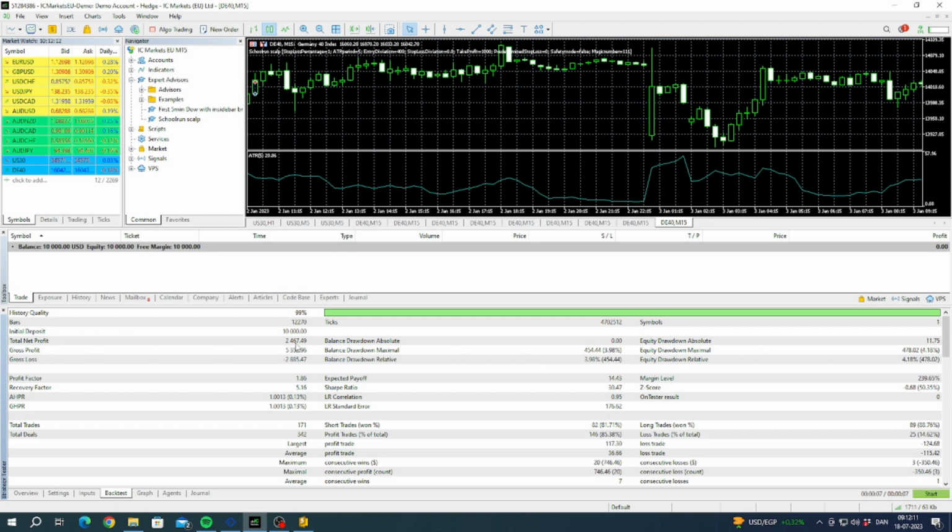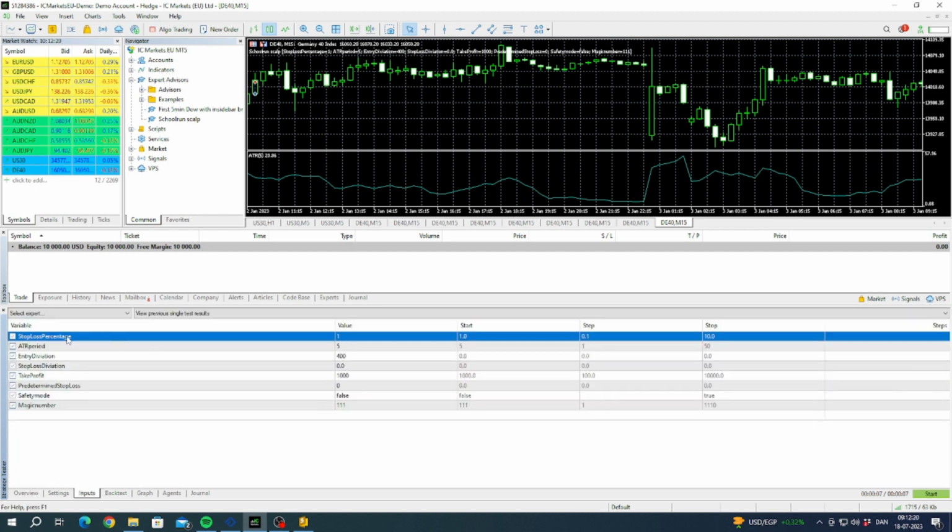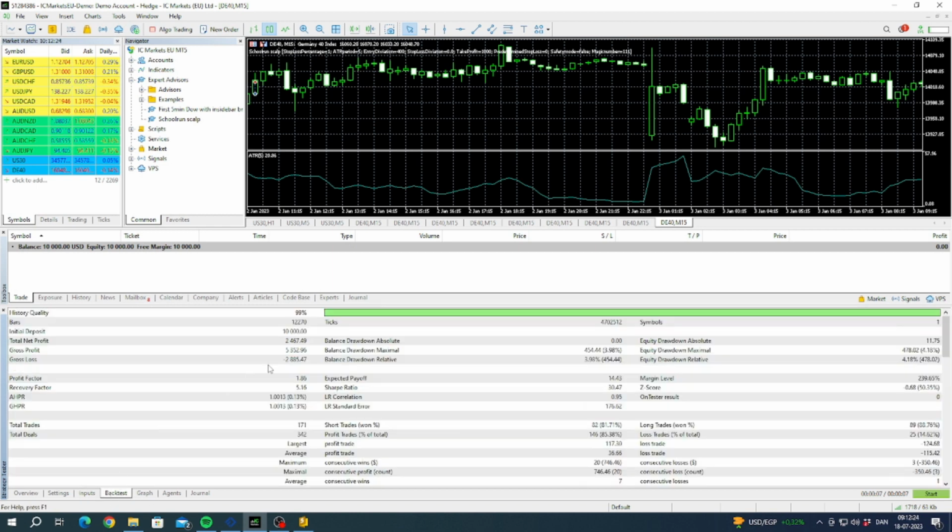And a total profit of almost 25% just for this year alone, with a 1% stop loss on every trade. So I think that is quite good, but I'll let you decide that.